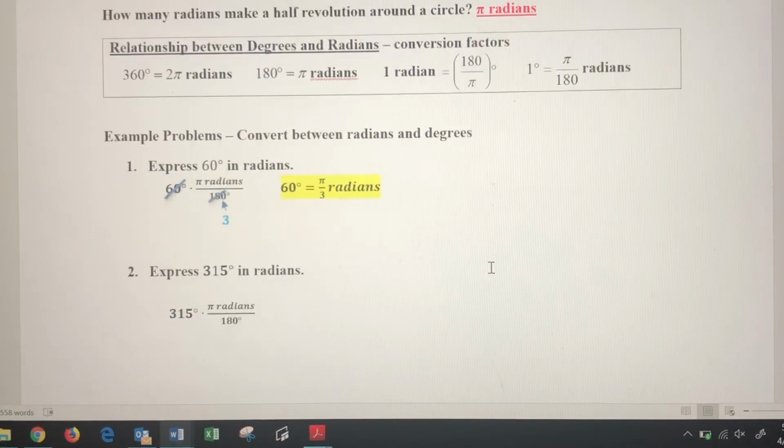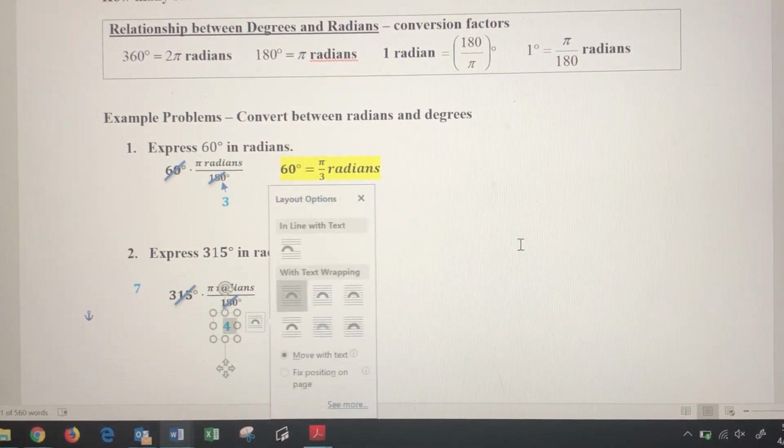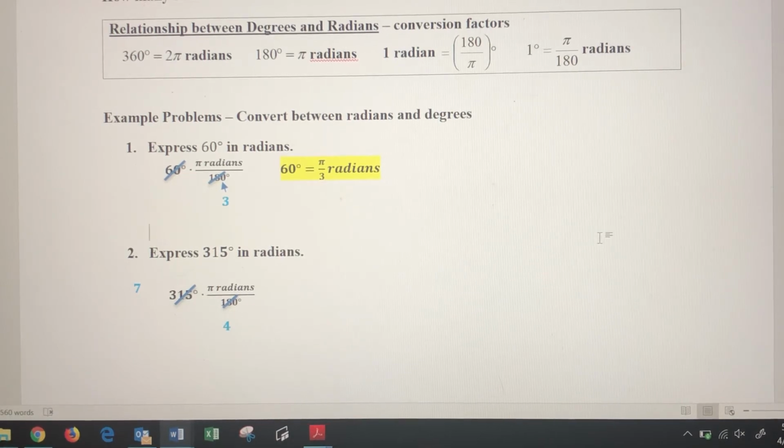Let's express 315 degrees in terms of radians. Again, we're going from degrees to radians, so we want to multiply by this conversion factor, pi over 180. Again, 315 and 180 have a common factor. The largest common factor they have is 45. If we divide 315 by 45, we get 7.